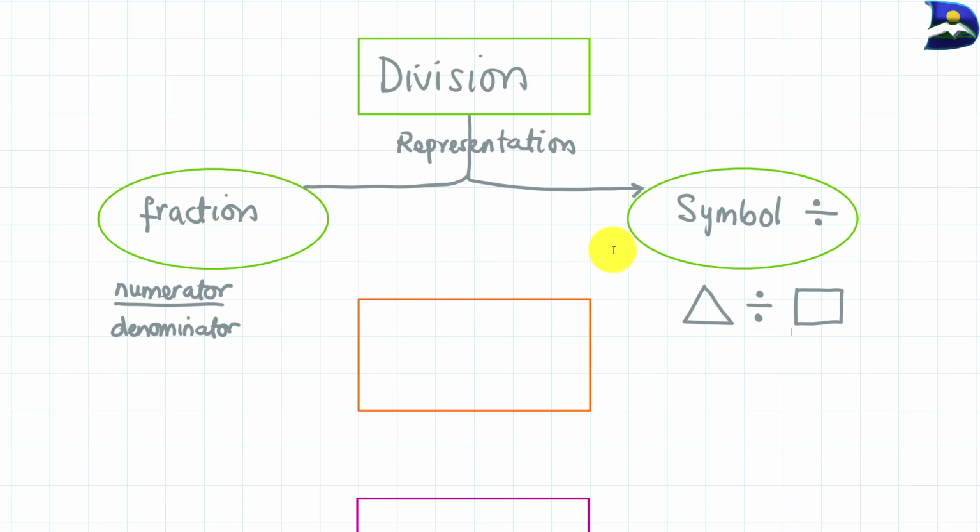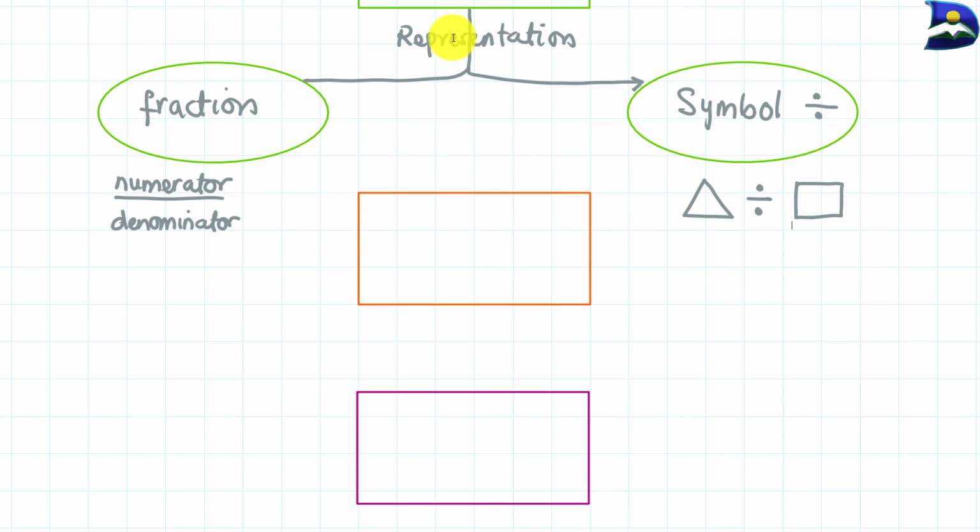And so in this particular part, looking at representation and how we're going to move into the components of division, there are two components to division, and these components are recognized based on the question that will be given to you.